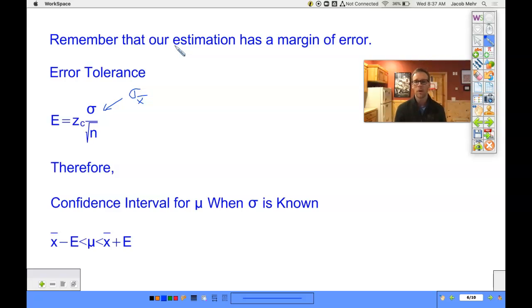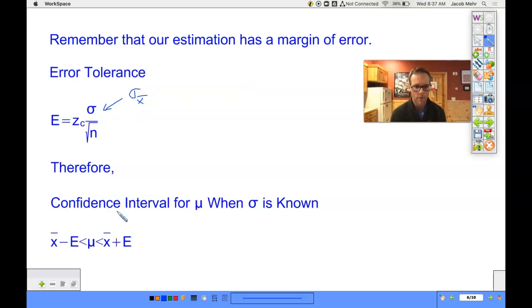This is similar to the problems where I'd say, okay, if the mean of the population is 10 and the standard deviation is 1, I asked you questions like, what's the probability if I take a sample of size 5 that the mean of those 5 is greater than 10, less than 10, greater than 11, less than 11, between 9 and 11, those type of questions that we did last chapter. So here's what we do.